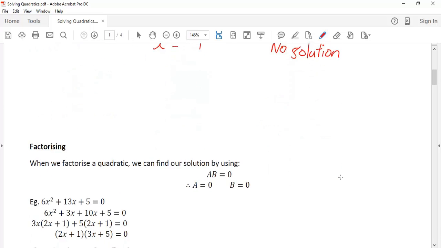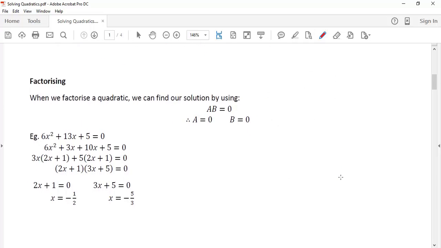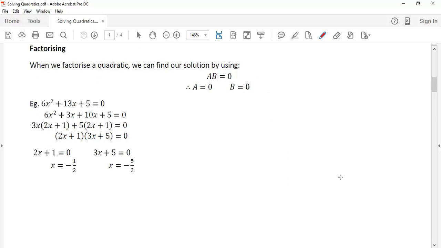The next technique I want to brush over is factorizing. We won't spend too much time on this because we had a whole video series on factorizing. So the key idea is that when two things times to give 0, one of them has to be 0. So just say if I had a simple one, x plus 6. So we factorize our question. We got x plus 6 and x minus 4 equals 0.